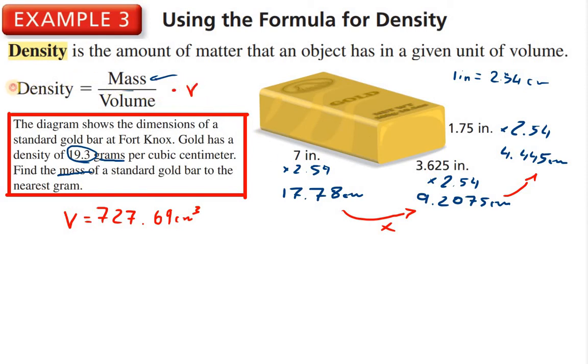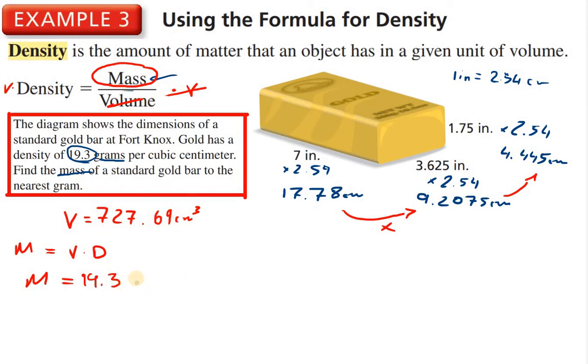I'm solving for mass, so I want to cancel out the volume. So mass is density times volume. I'm going to do volume times density, and that will find me the mass. So the mass in this case is the 19.3, sorry, I did it out of order.